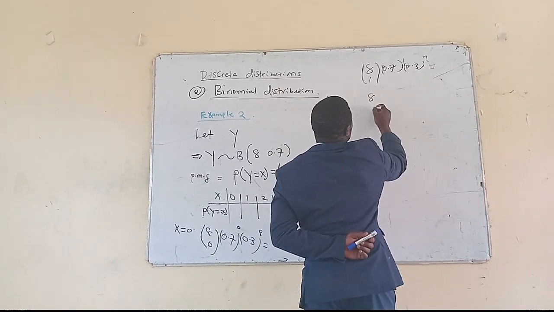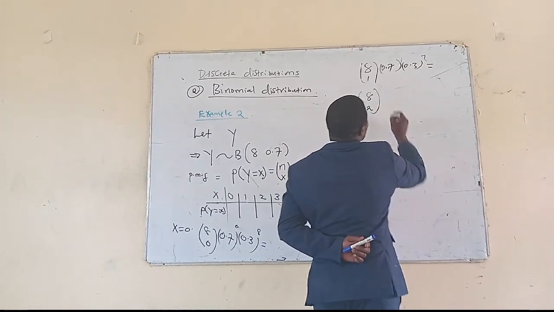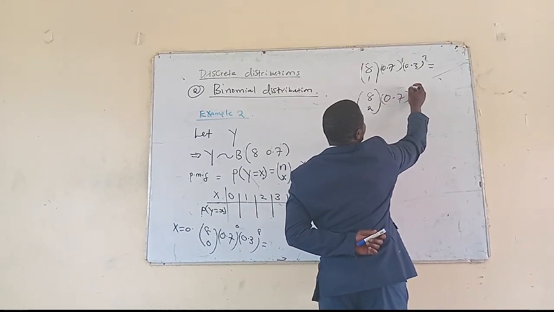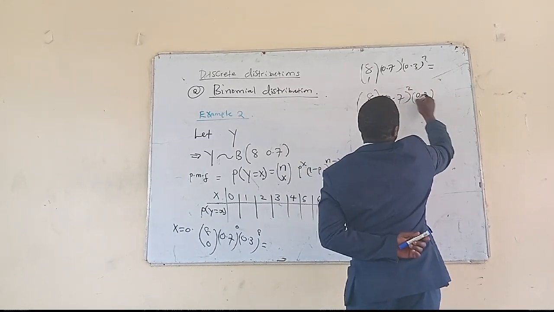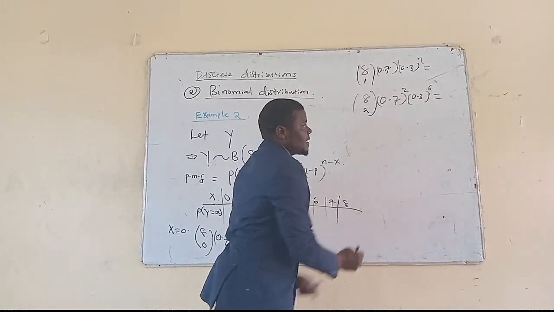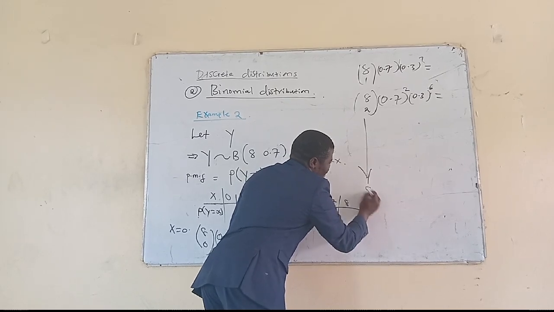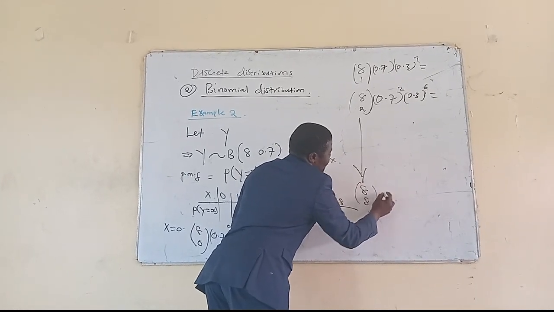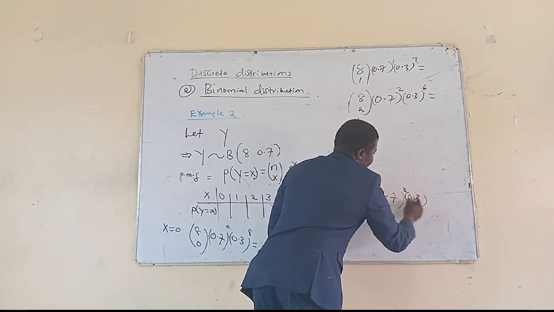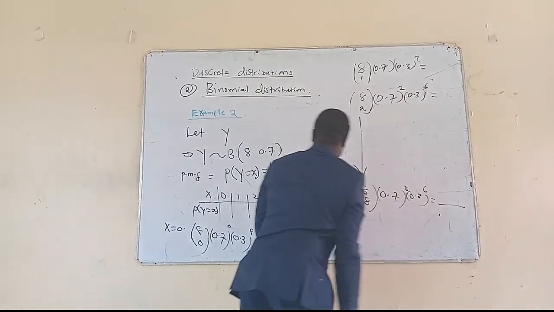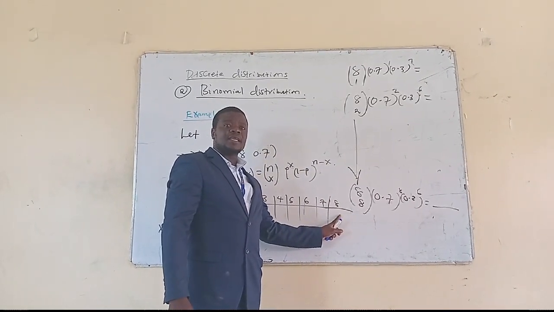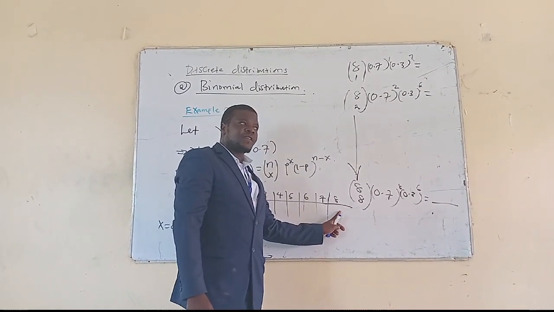Then we have 8 combination 2, 0.7 raised to power 2, 0.3 raised to power 6, and you go until you reach 8 combination 8, 0.7 raised to power 8, 0.3 raised to power 0. Then you will have obtained the probability mass function for this distribution.